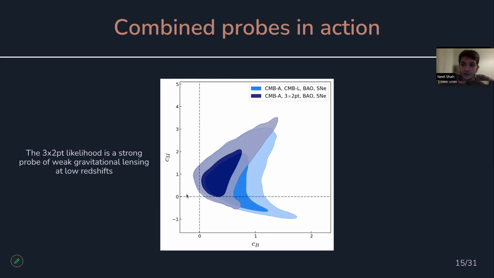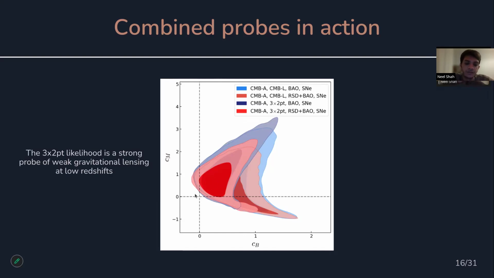We can now go ahead and add RSD to the mix like we did before. And by now we know what to expect. We can see that when we combine both RSD and 3 times 2 point likelihoods with our minimal setup, we see better constraints in both the parameters in our parameter space.